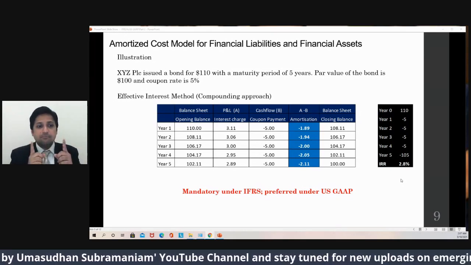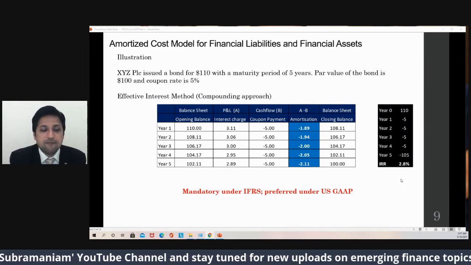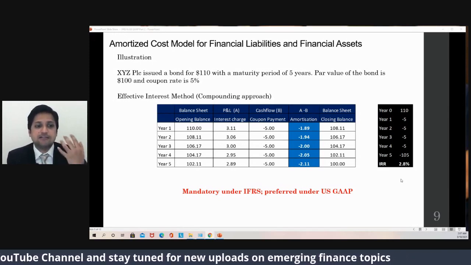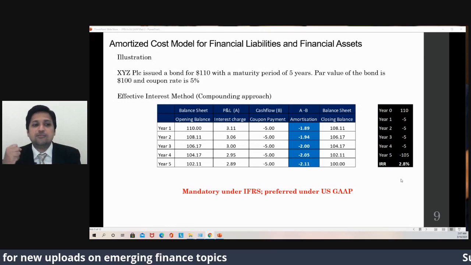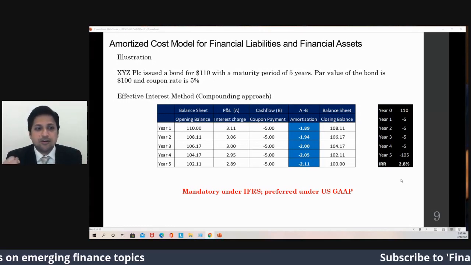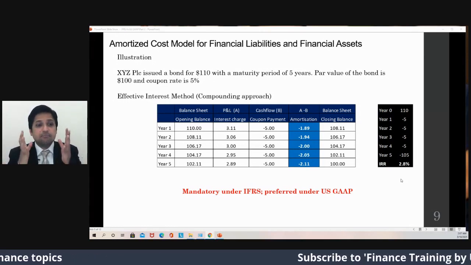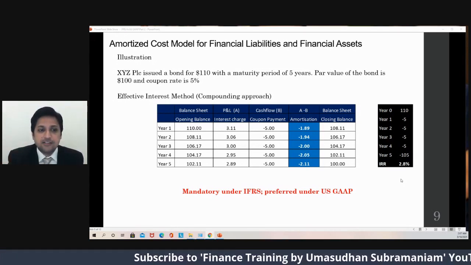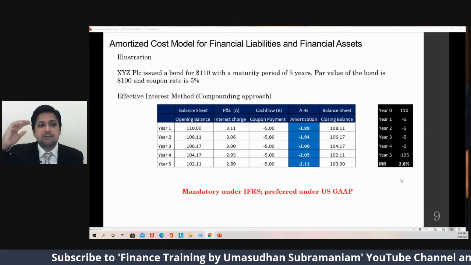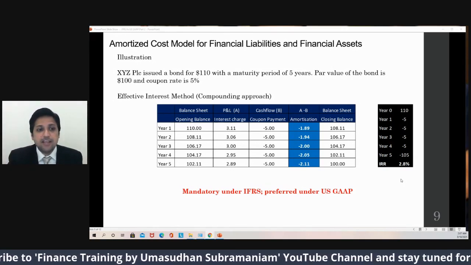So there's going to be a benefit for the issuer because he raised money for $110, but he's going to actually pay only $100 at the maturity. So if the bonds are issued at a premium, the effective interest rate on the bond is going to be lower than the coupon rate.